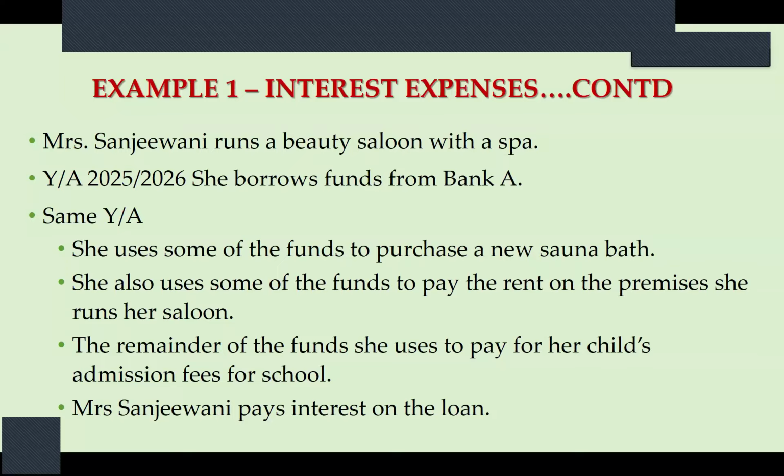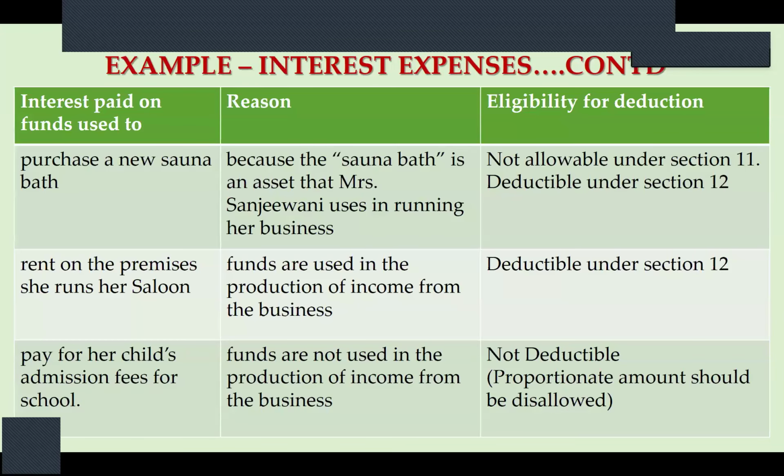Then we can apportion the interest into each purpose, and the business purpose expenditure can be allowed as a deduction. Personal parts cannot be allowed as a deduction. Okay, we can go to the answer.